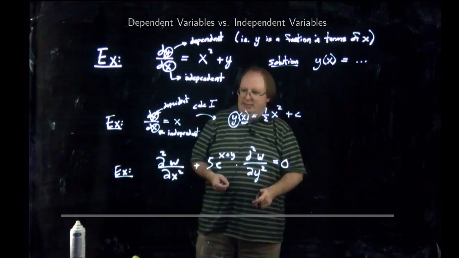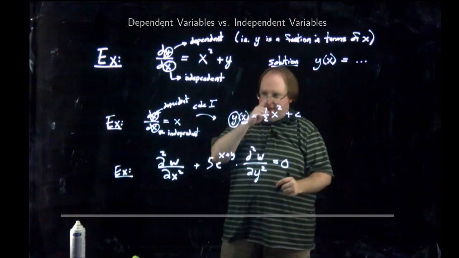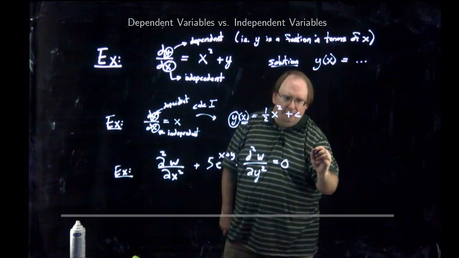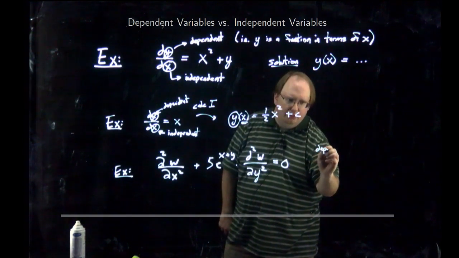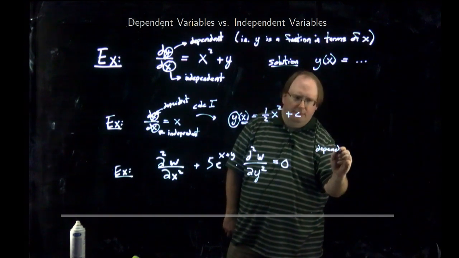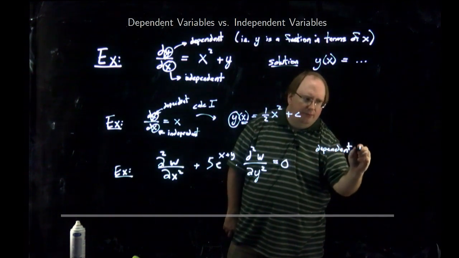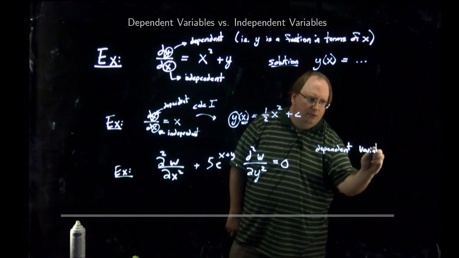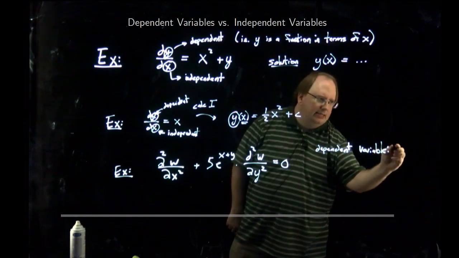Again, just by looking at this, you're going to see that the dependent variable is w.